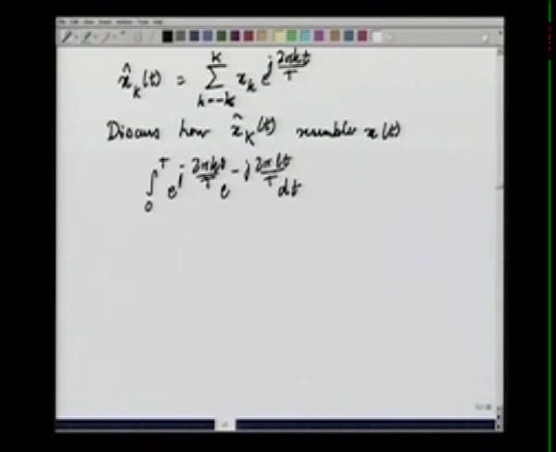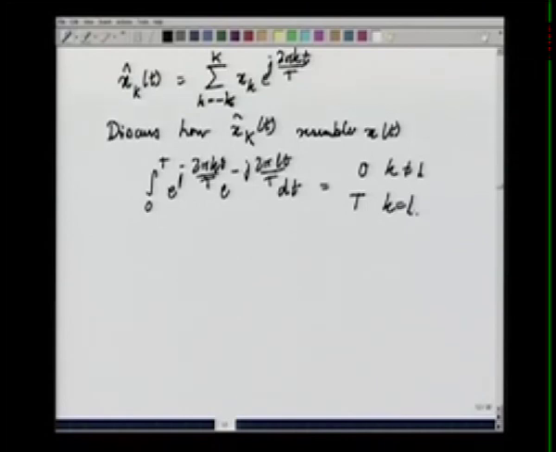What can we say about this? As I said, this is something we have already discussed, it is a pretty obvious fact. It is simply that this evaluates to 0 when k is not equal to l, and equals T when k equals l. We have this fact.